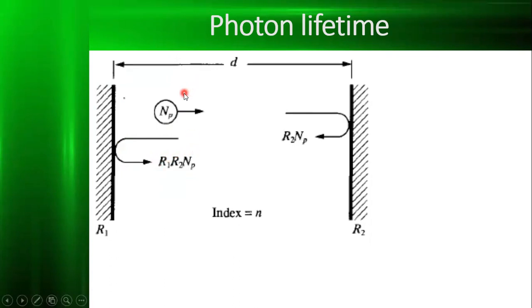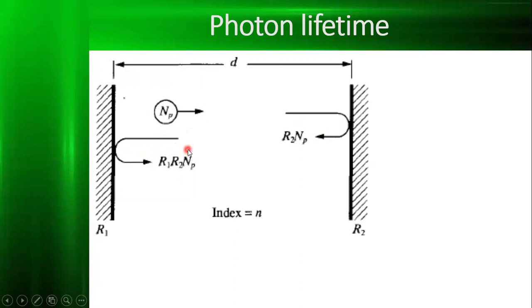For example, let's make it an easy example. If I start with 100 photons and then I have a reflection coefficient of 0.9 here and 0.9 there, then after one trip, here I will lose 10%, and here I will lose another 10%, then the total is 0.9 times 0.9 times 100.